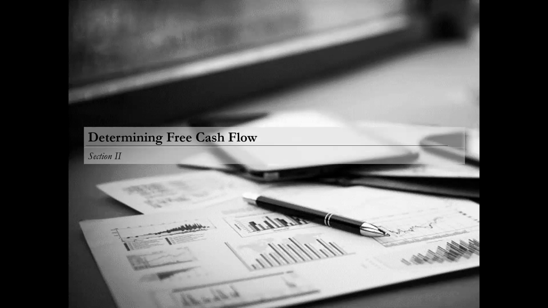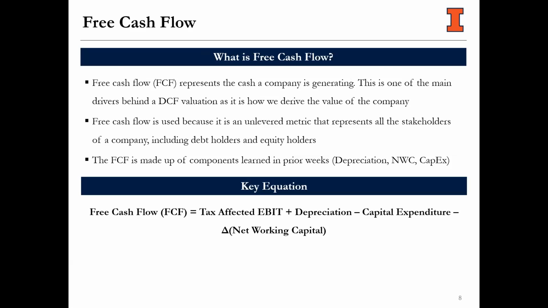Now we're going to dive into a little bit more about free cash flow. So what is free cash flow? If you remember back to Fin 221, we talked a little bit about free cash flow there. However, just a quick refresher if you haven't taken that course: free cash flow is essentially the cash remaining after the business operations that is available to the company at their discretion. The reason we use unlevered free cash flow, which is what we'll be using, is because if you have control over the business, you technically have control of all of the cash flows remaining.